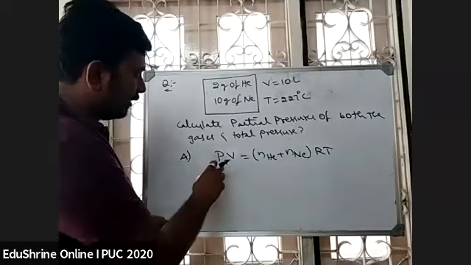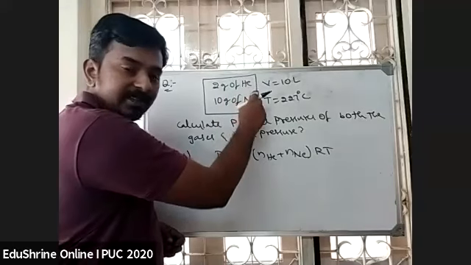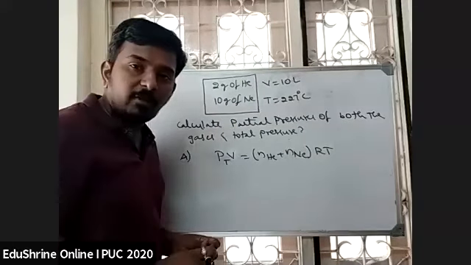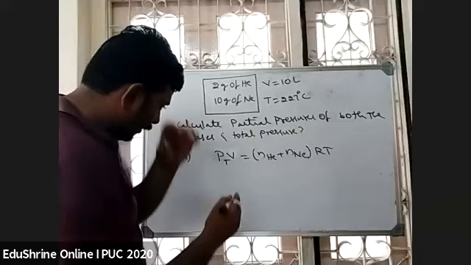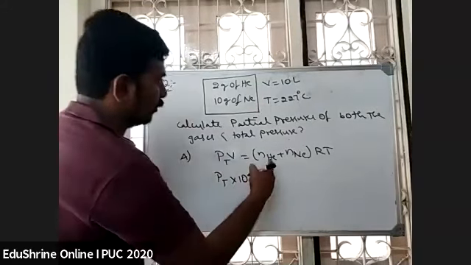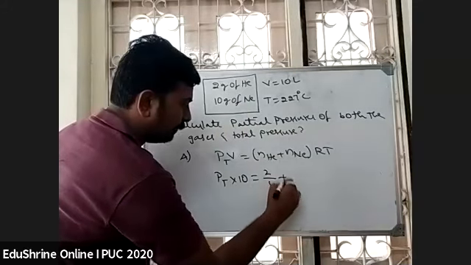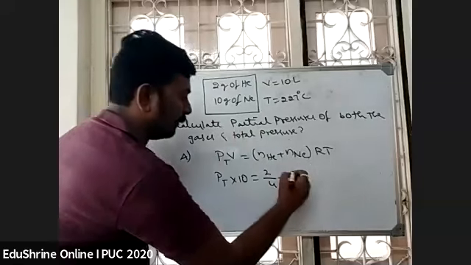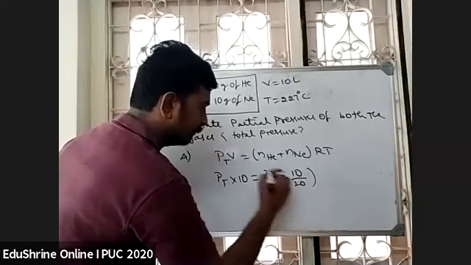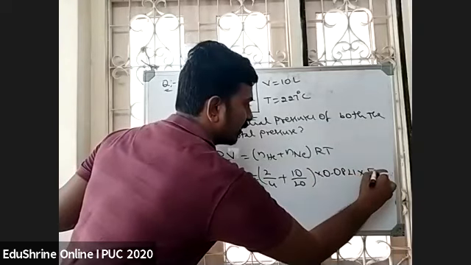When I take total pressure, I am calculating the total pressure in the container. In the container you have both the gases, so you need to take the sum of moles of both the gases. So PT into volume V, which is 10 liters, is equal to number of moles of helium, 2/4, plus number of moles of neon, 10/20, into R value, 0.0821, into temperature, 500.